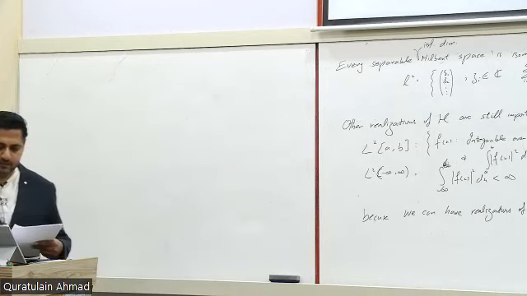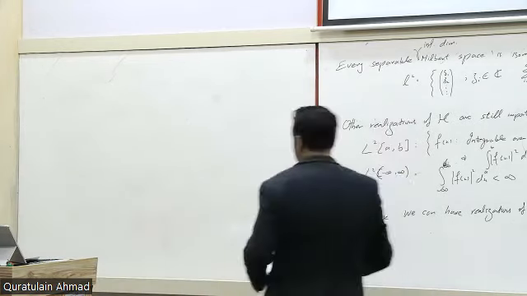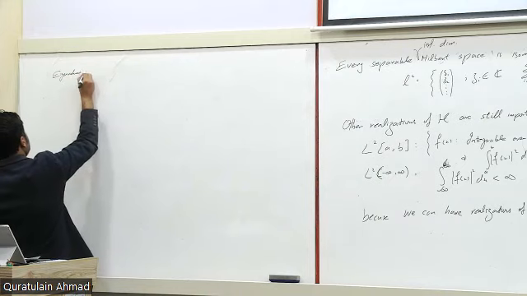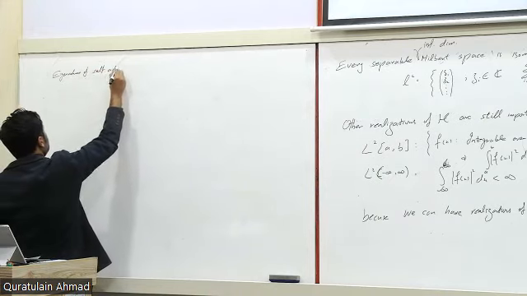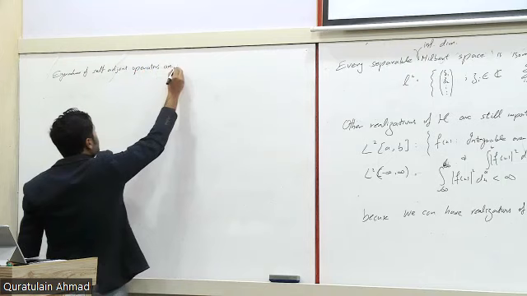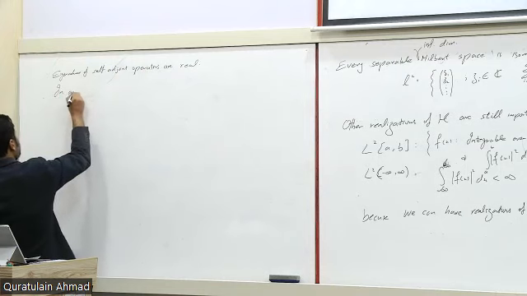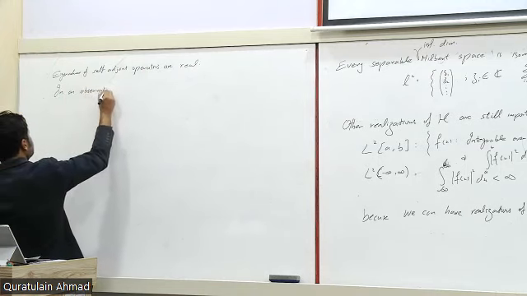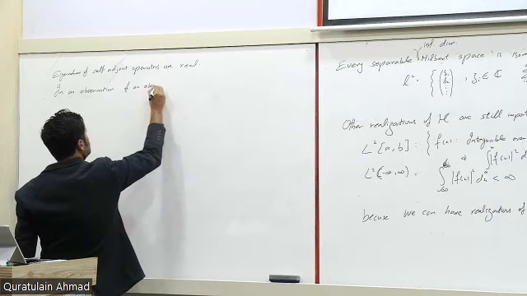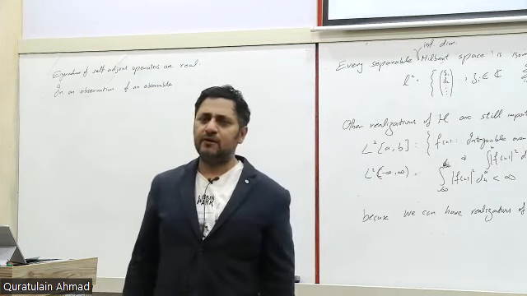you want some reality to come in, and what happens is you say that eigenvalues of self-adjoint operators are real, and in an experiment or in an observation of an observable, so I'll use the same symbol for the observable and the operator associated with it.